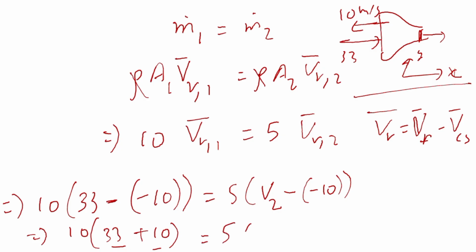The same thing here, you have V2 plus 10. Finally, if you do the math, you essentially get 10 times 43 is equal to 5 times V2 plus 10.